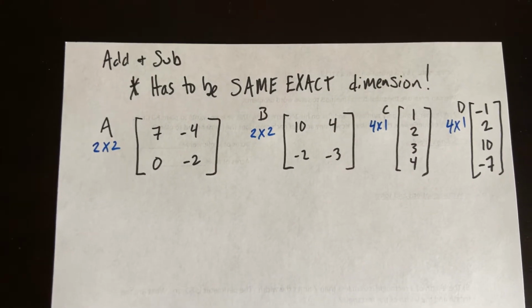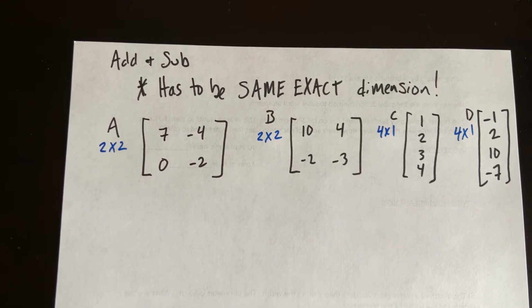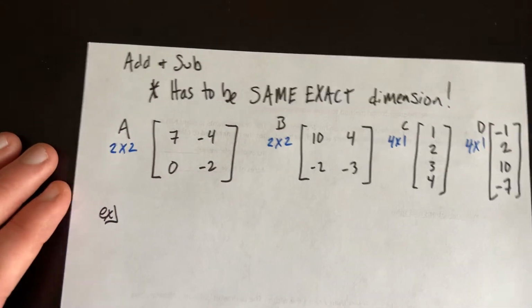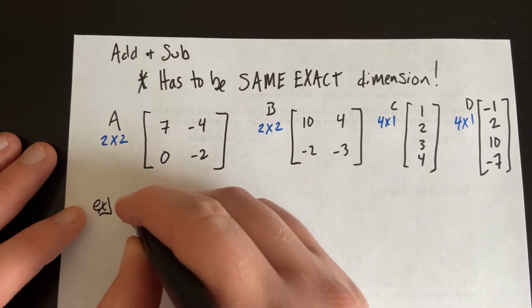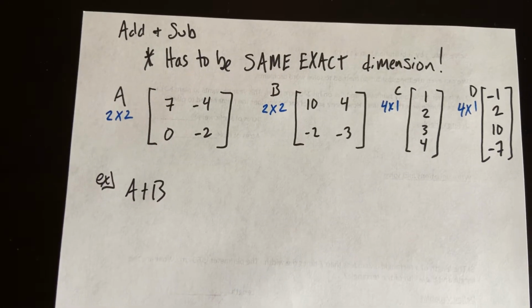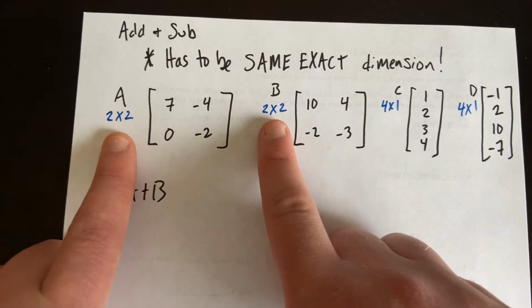Okay, so let's get into the addition and subtraction operation here. Let's just do an example here. You may see something like this. Example 1, I want A plus B. And so we've got matrix A, we've got matrix B. This is a 2 by 2, this is a 2 by 2, right?